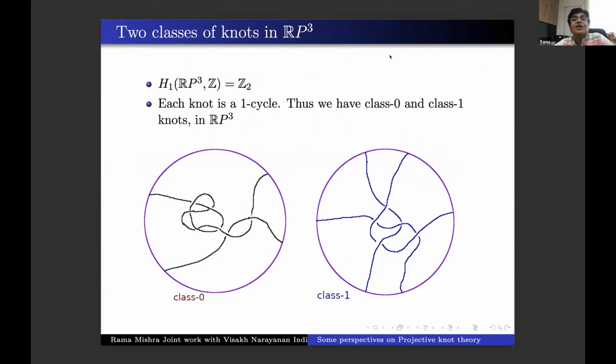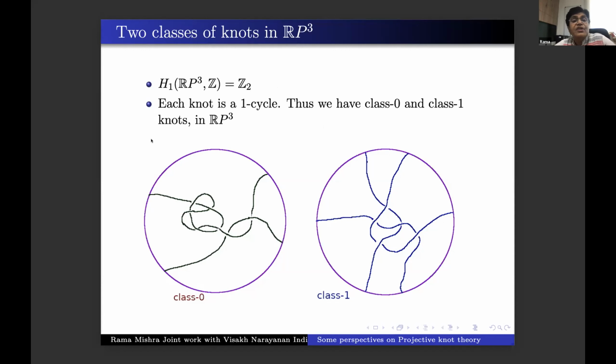Now where it differs: in S3, this issue is not there because S3 has trivial pi1, it's simply connected. Whereas when you go to RP3, the first homology group is non-trivial and it's Z2. It has two elements.